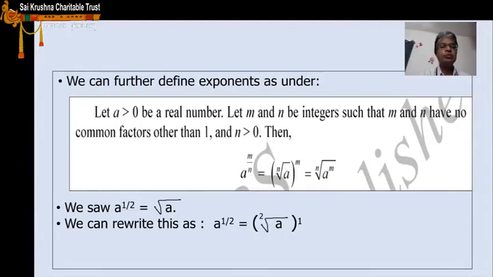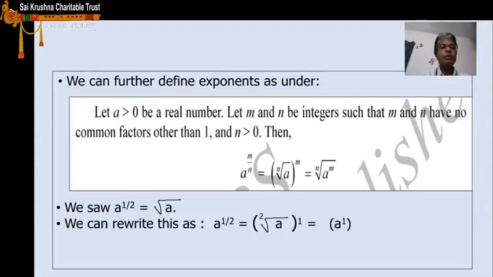I am just showing this as an example for understanding. Relate that in a power m by n, m is 1, n is 2. Before the root, n is there, so I put 2. After the bracket, m is there, so I put 1. So root 2 whole power 1 is represented as a power 1 by 2.